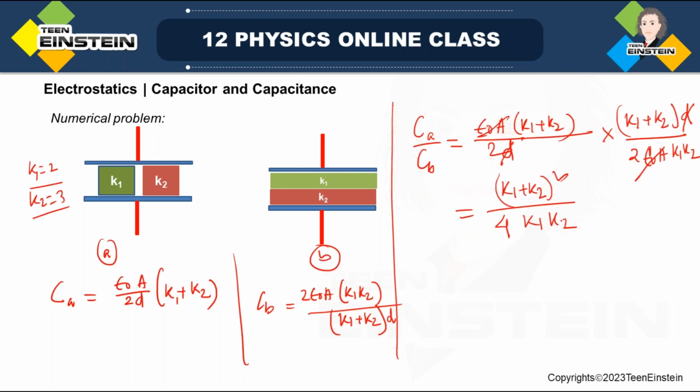So this is actually the general formula. In this case, we are getting the general formula here. Now put K1 is equal to 2 and K2 is equal to 3. Then let us see what we get.